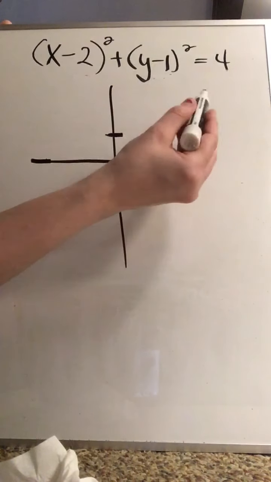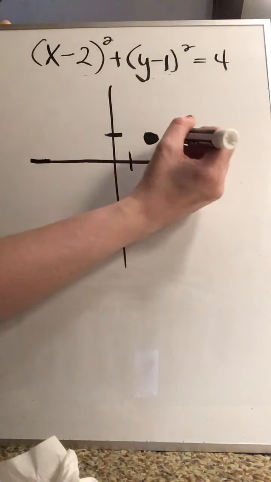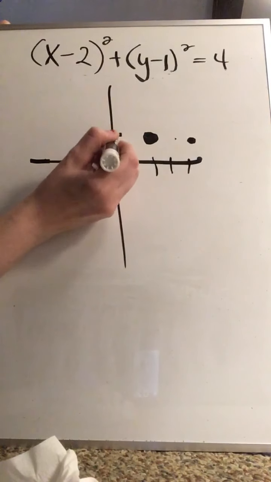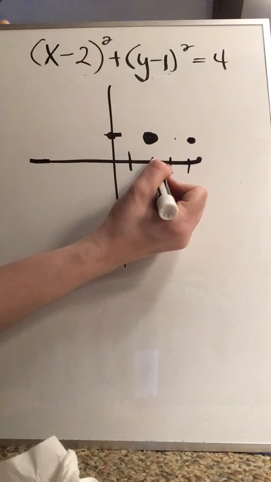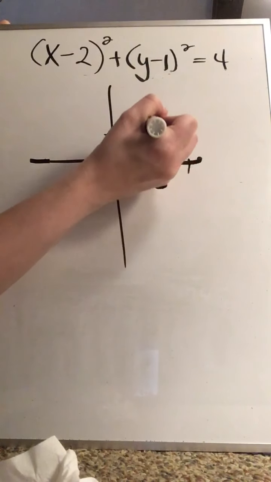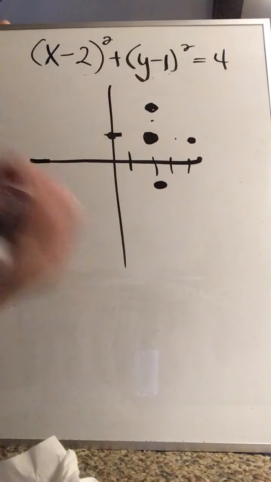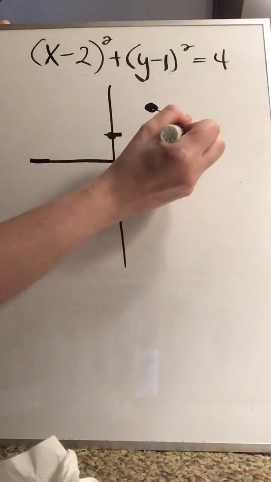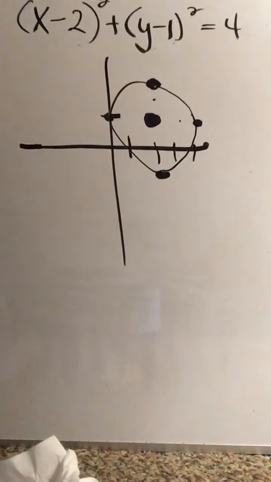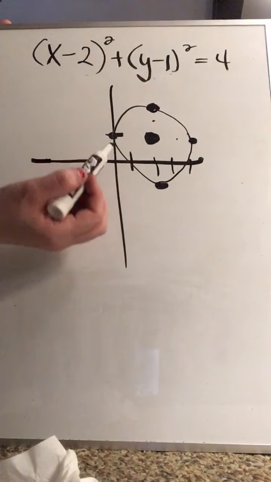Our radius was 2, so from the center you go out 2 in every direction. First we're going to go to the right 2, then to the left 2, then down 2, and then up 2. Then the circle is created by making a curve shape to all these dots. Like I said, it's not the best circle in the world because I don't have graph paper, but that is how you would graph a circle.